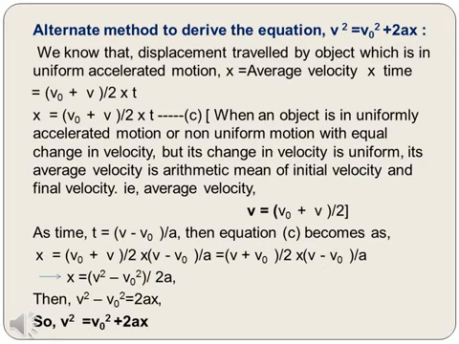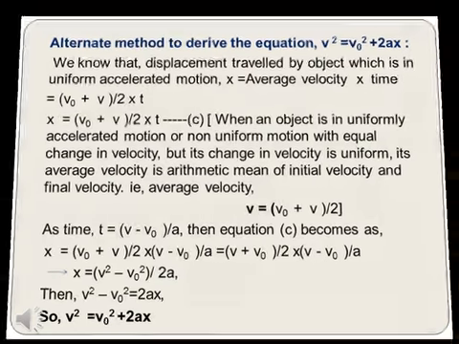Then v square minus v0 square is equal to 2ax. So v square is equal to v0 square plus 2ax, which is the alternate method to derive this equation.